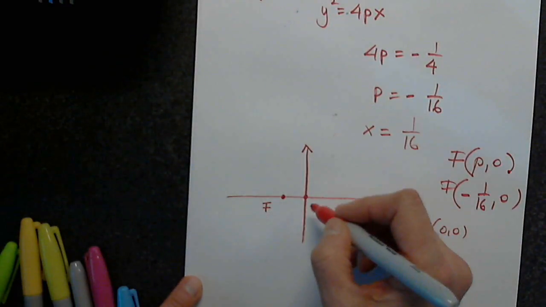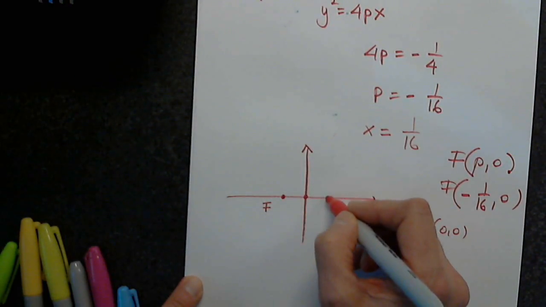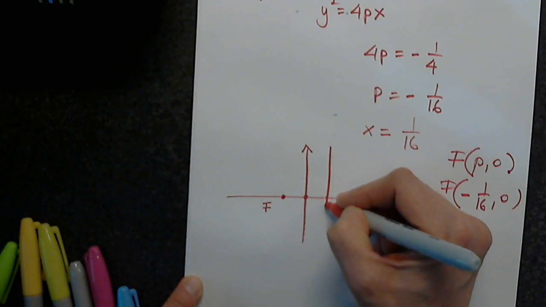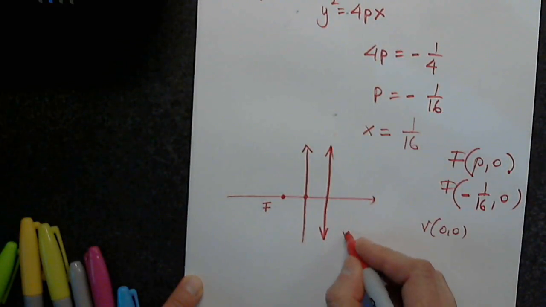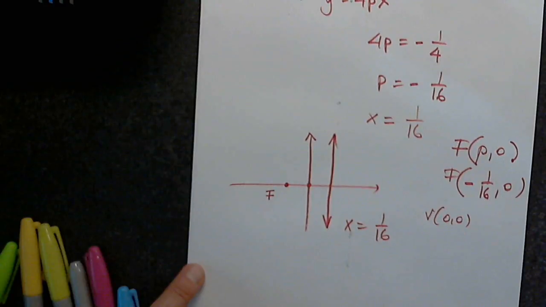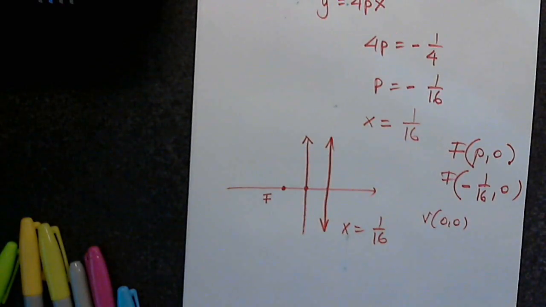The directrix has to be exactly symmetric on this side, so this is the directrix: x equals 1/16.